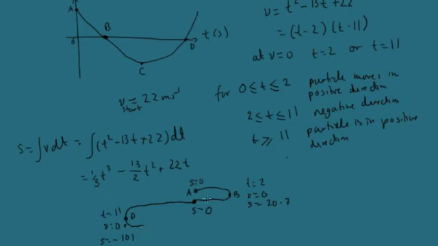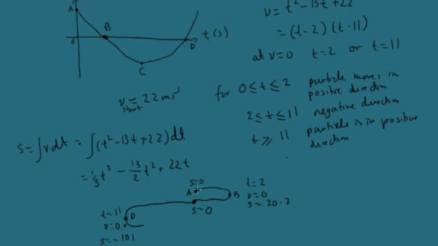Displacement and distance travelled are not necessarily the same thing. The displacement at a time t is the position of the object from the origin at that time, but the distance travelled at time t is the sum of the distances travelled in the positive and negative direction.